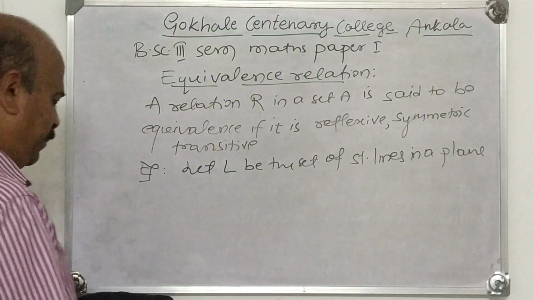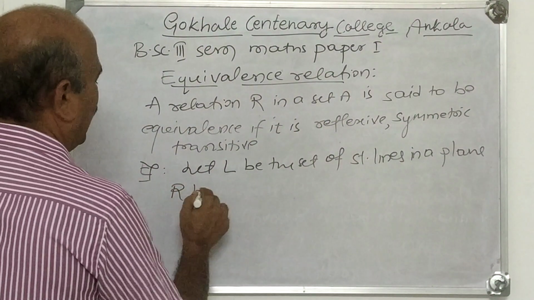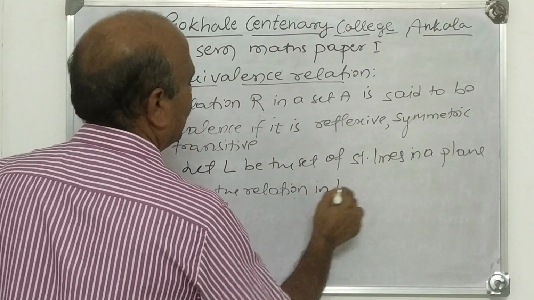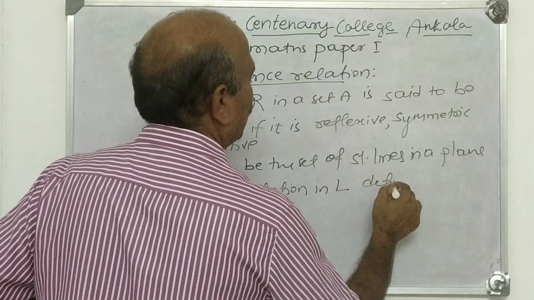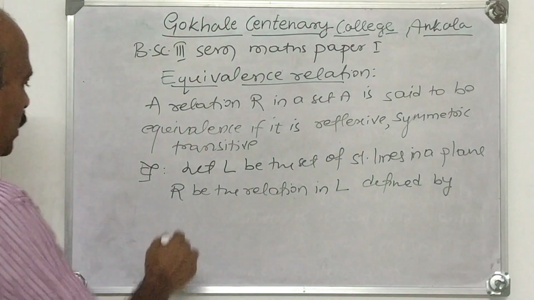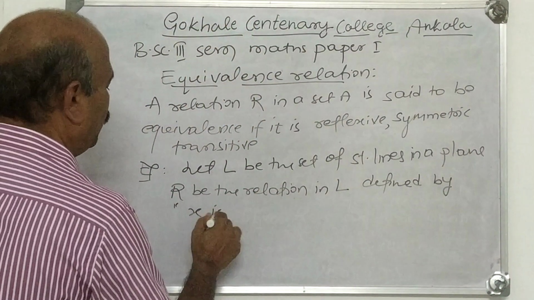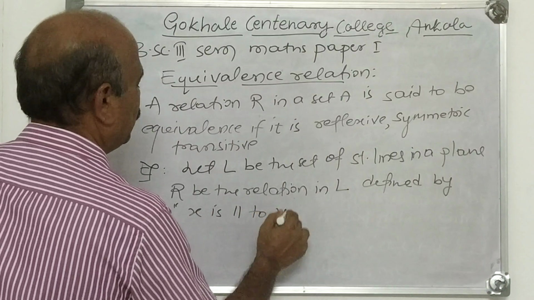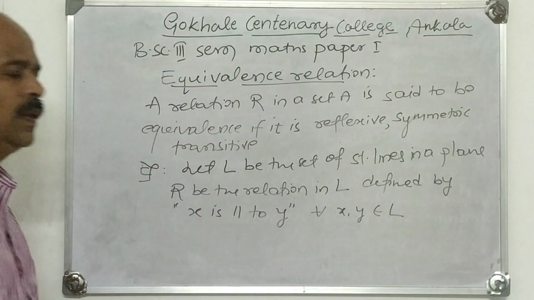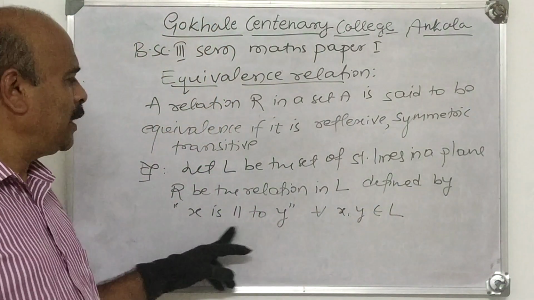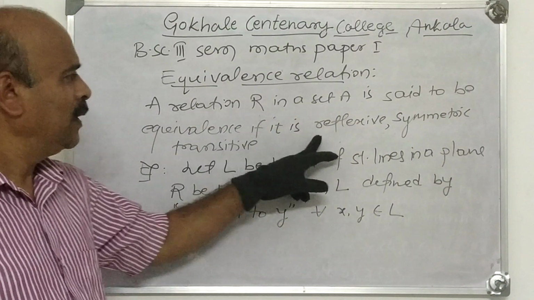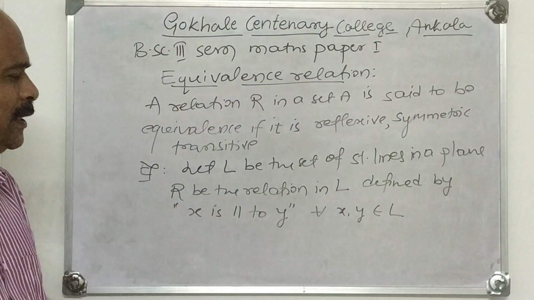The set of all straight lines. And R be the relation in L defined by x is parallel to y for all x, y belongs to L. Then this is an equivalence relation. What do you mean by equivalence relation? It must be reflexive, symmetric as well as transitive.